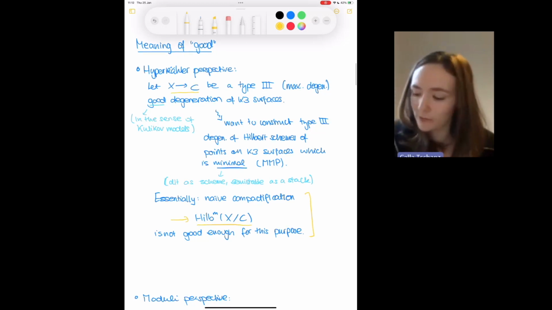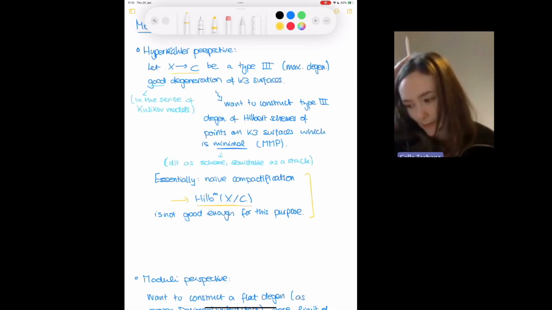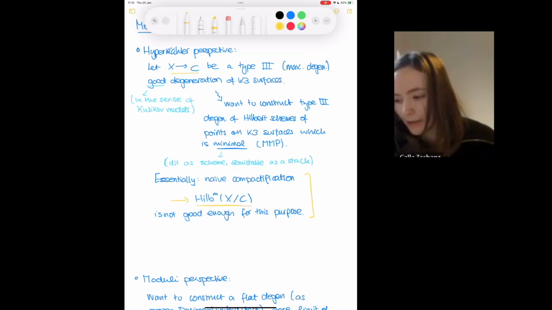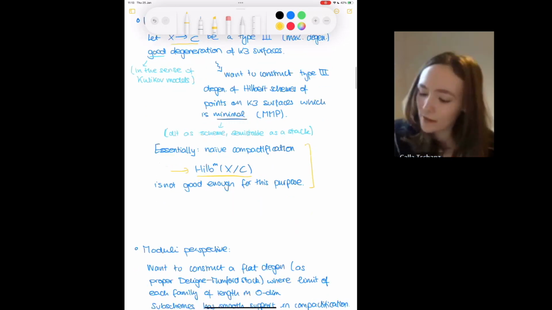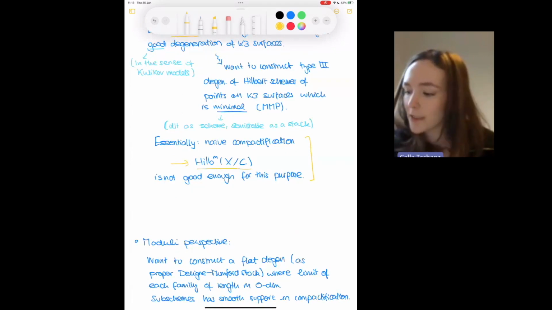So this is a non-trivial question of how to actually produce one of these models that makes sense. This is why using this expanded degeneration machinery that I'll explain later is a good idea in this context.